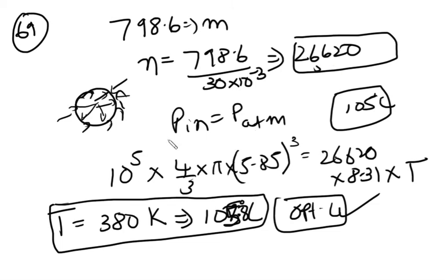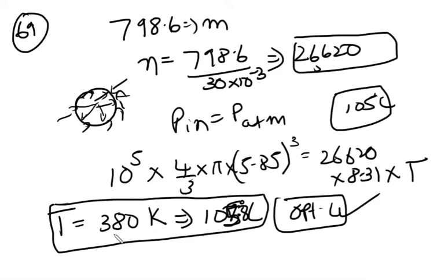The key assumption is neglecting the surface tension of the balloon material, so the pressure of air inside is equal to the pressure of air outside, which is atmospheric pressure, 10 power 5 Newton per meter square. Putting PV equal to nRT, with n as 26,620, we get T equal to 105.8 degrees Celsius, which matches option C. Option C is the right choice.